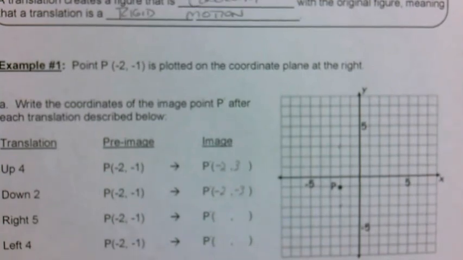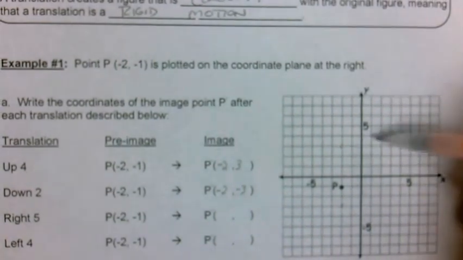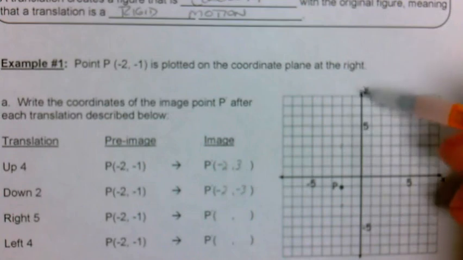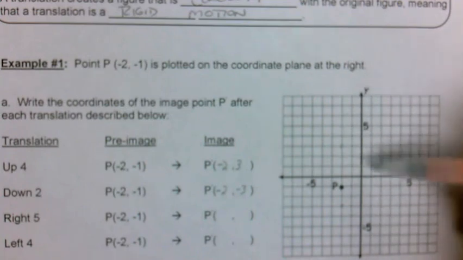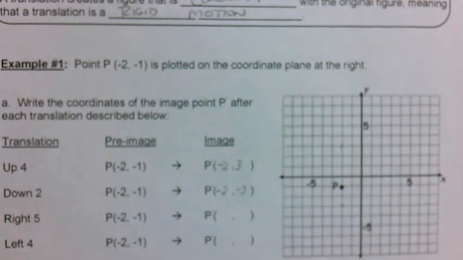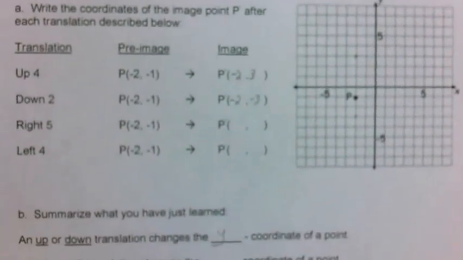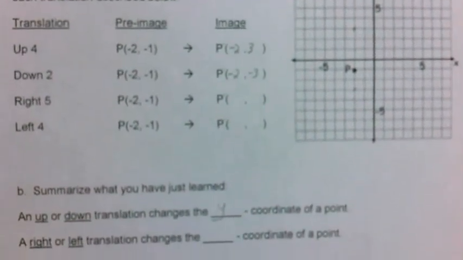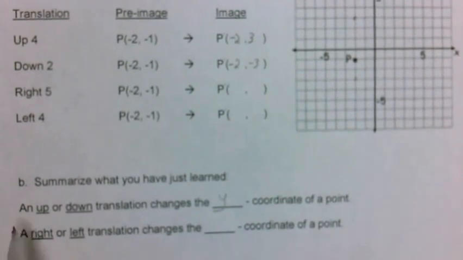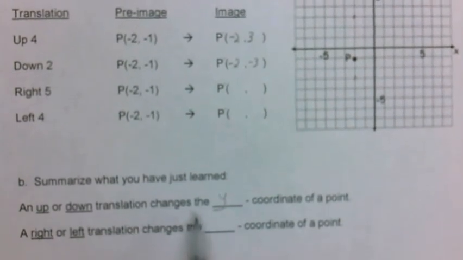An up-down translation changes the y-coordinate, and that makes sense because the y-axis moves vertically, and so any translation that we do up or down is going to change the y-coordinate.